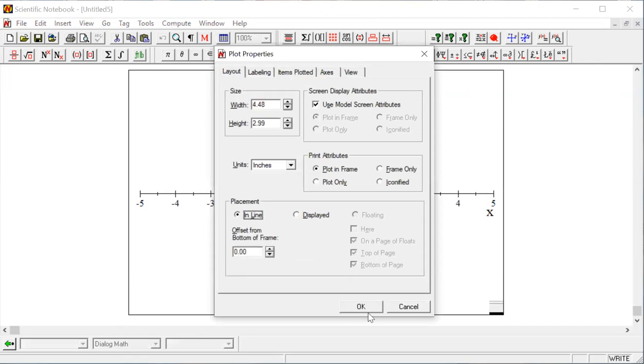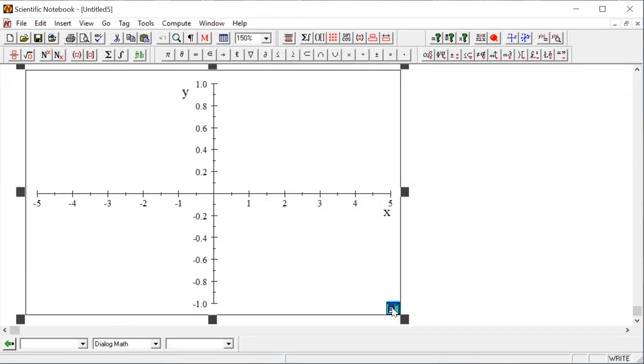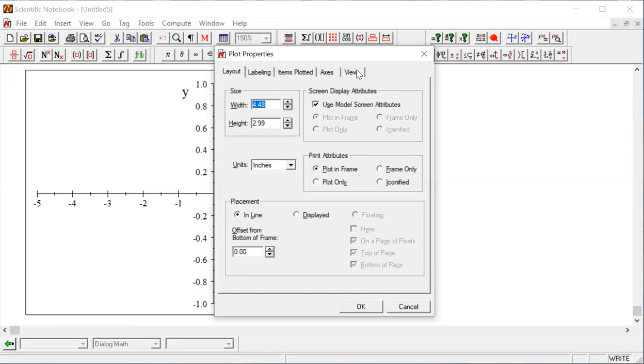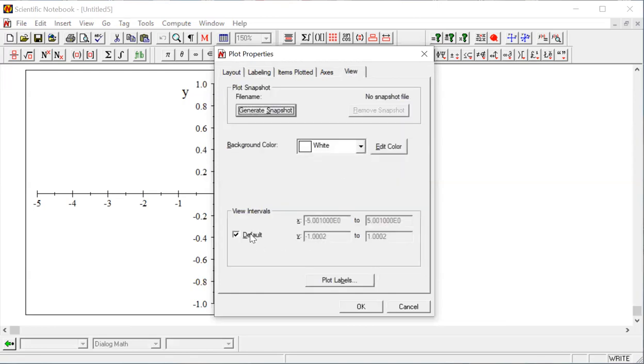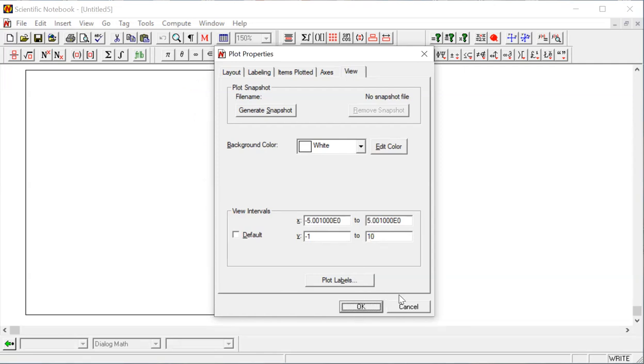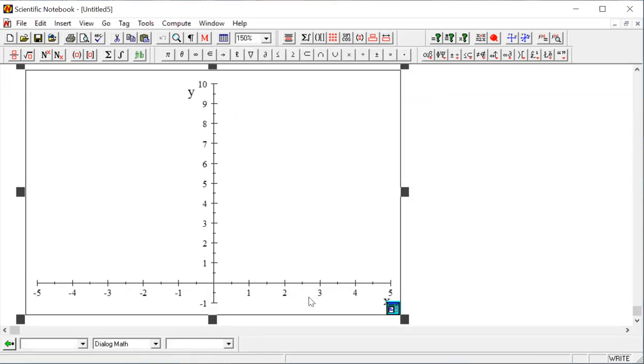Please do that. Okay, I'm going to make some adjustment to my view. Maybe 10 here. So I got my, you see, why do I set my graph this way?